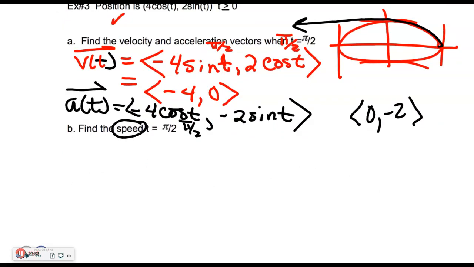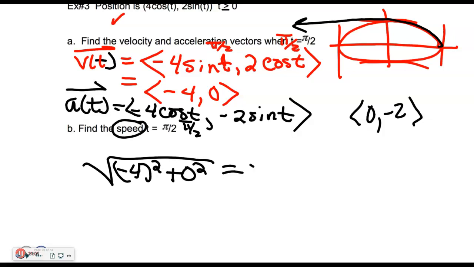What's another word that I want you to think of for speed? Magnitude. The magnitude, the length, and in Calc 3, the norm. It's just the square root of -4 squared plus 0 squared, which equals the square root of 16, which means it's 4.